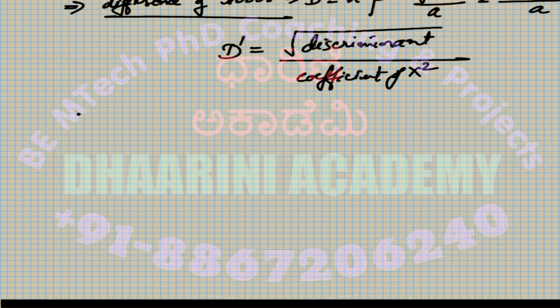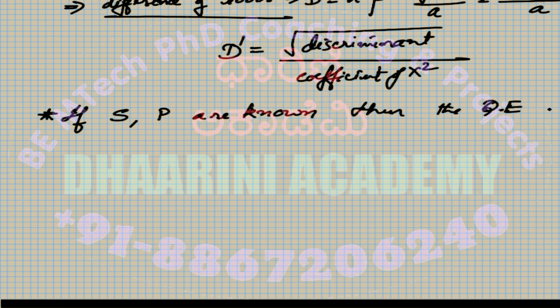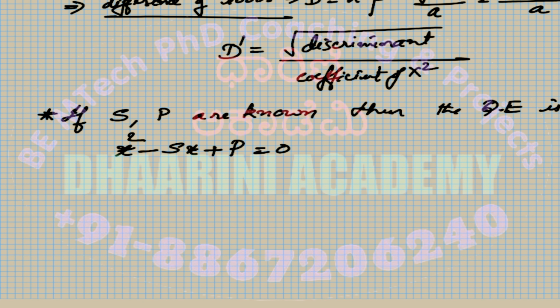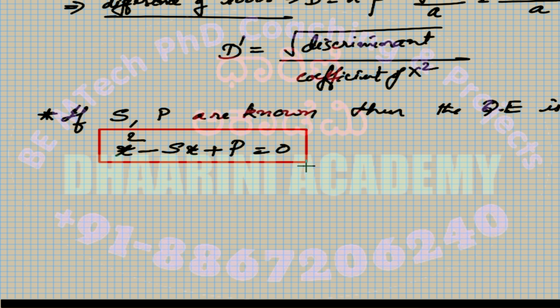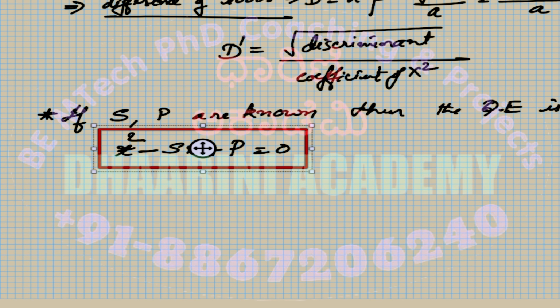If you know the values of s and p, say the sum s and the product p of the roots are known, then the quadratic equation we can directly write is x square minus the sum of the roots into x plus the product equal to 0. You should know the sum and the product of the roots.